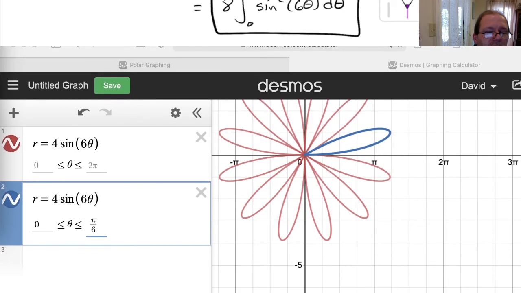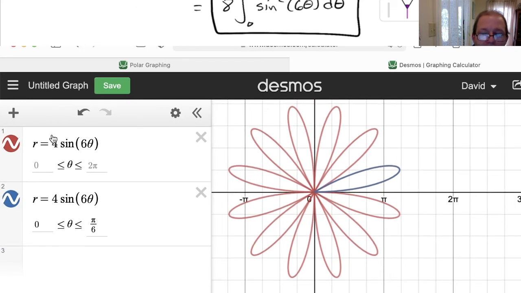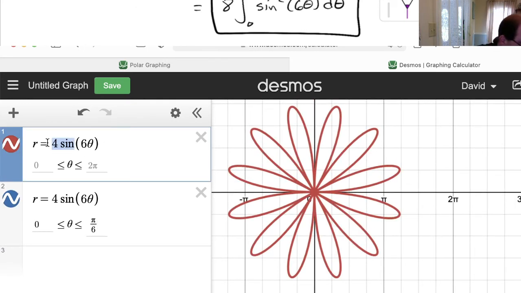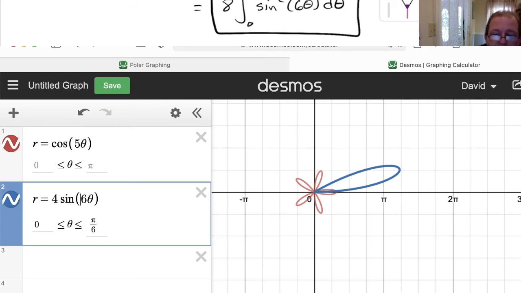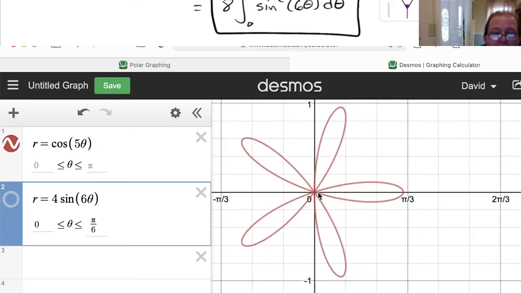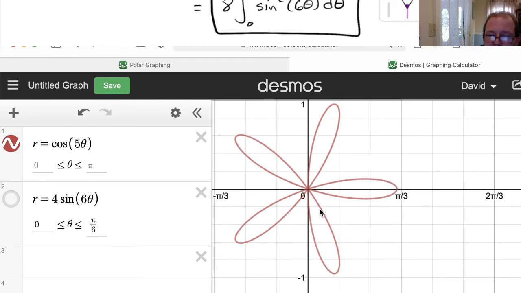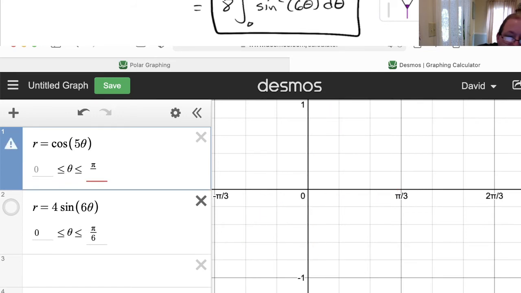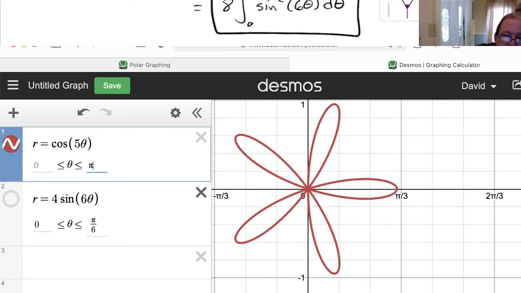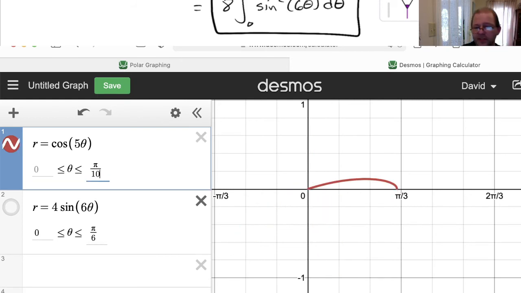I'm going to move this up so we can see it a little better. So cosine 5 theta. Notice something here. Theta is just going from 0 to pi. If I went from 0 to pi over 5, it gets us this bit. If I go from 0 to pi over 10, it gets us that.